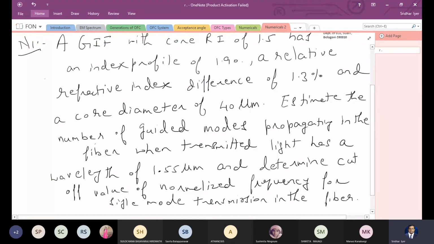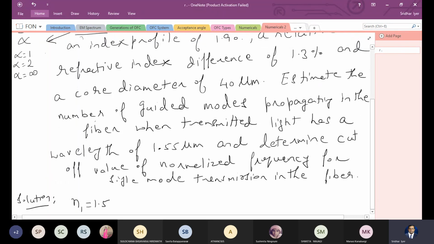Since this is a graded index fiber, we know that it depends on profile parameter called alpha, where alpha equal to 1 is triangular, alpha equal to 2 is parabolic, and alpha equal to infinity makes this graded index fiber a step index fiber, right? However, in this question, the graded index profile is given to us as 1.9. That means the value of alpha for this fiber is 1.9.